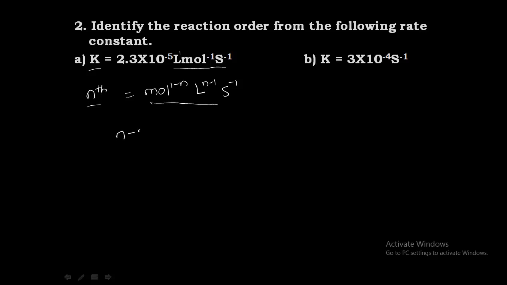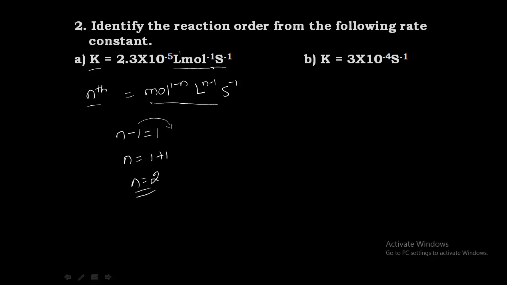So n minus 1 is equal to 1. So n is equal to, if we take the minus 1 to this side, it becomes plus 1, so n is equal to 2. So the order of reaction is 2 for the first one.